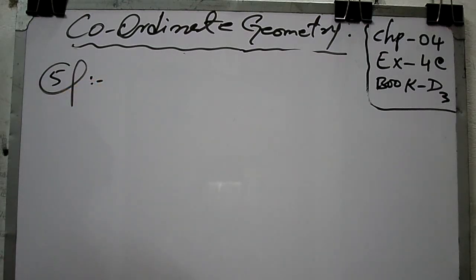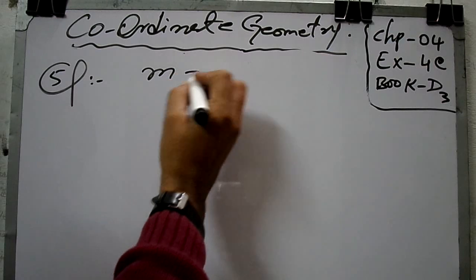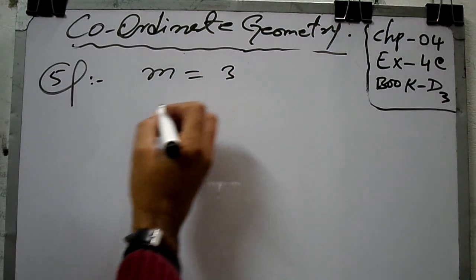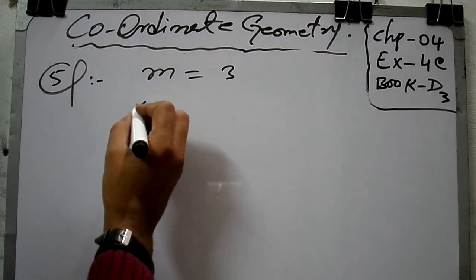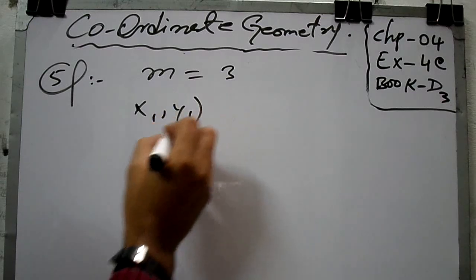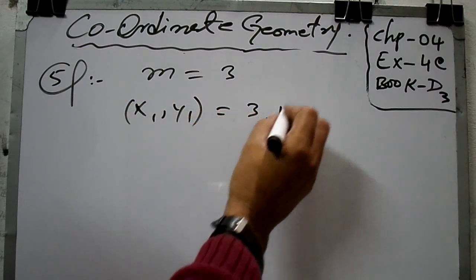Read the statement carefully. Find the equation of the straight line which has gradient 3 and which passes through the points. So gradient, slope m, is given to us and the points are x1, y1 is equal to 3 and 1.